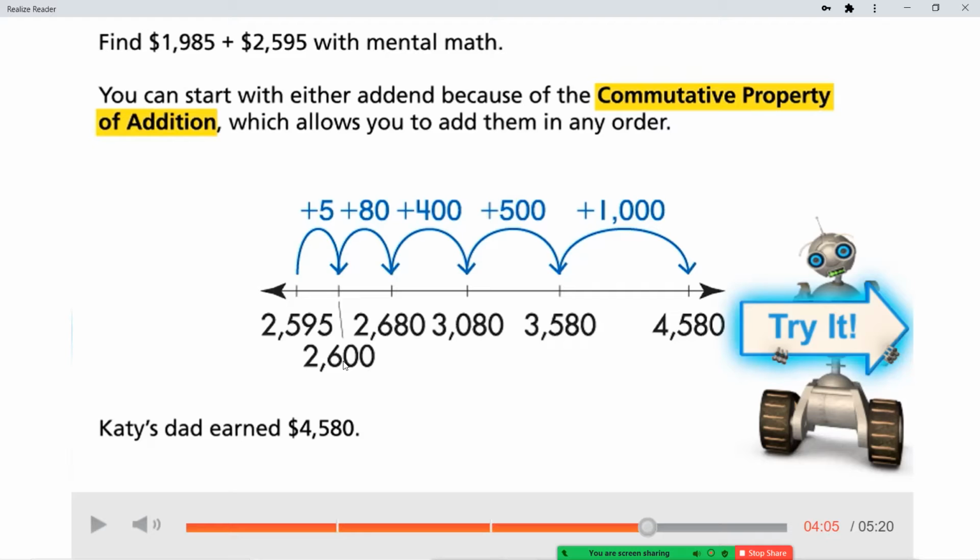It's a lot easier to work with 2,600 and add on to it than to add on to 2,595. If you add all these parts, 1,000 plus 500 plus 400, that's 1,900, plus 80 plus 5, that's 1,985. So those jumps are based on the other number. You start with one and break apart the other number into easier chunks so that you can add without having to write it down using pencil and paper.